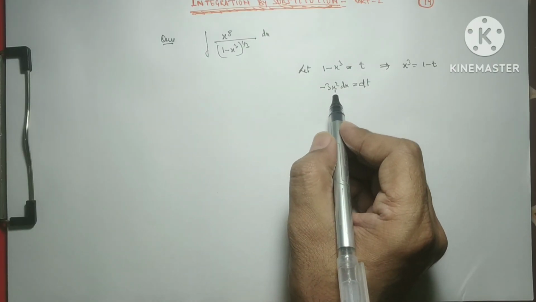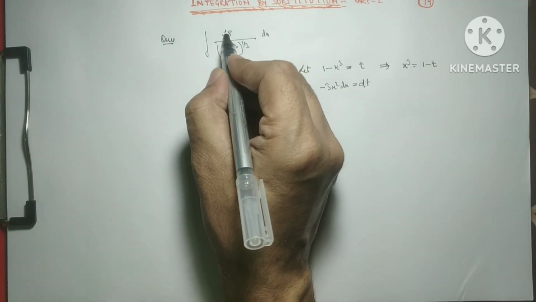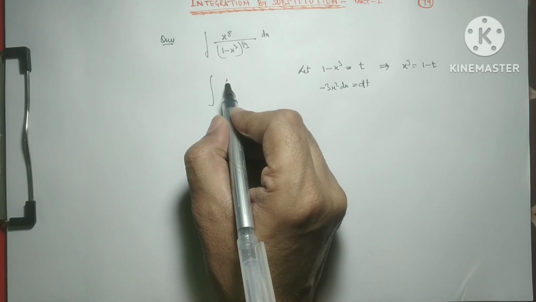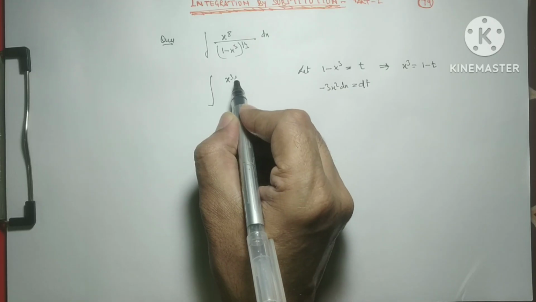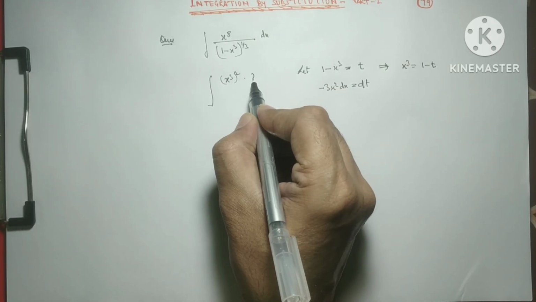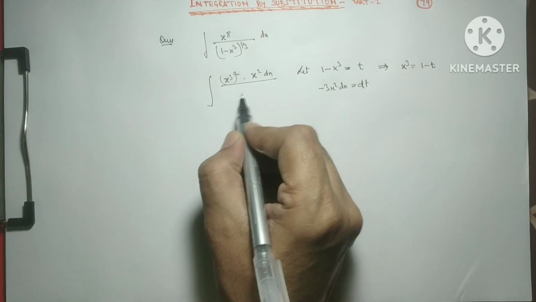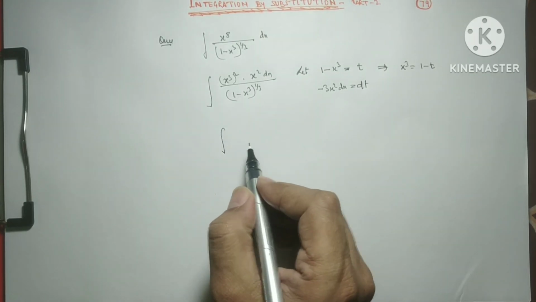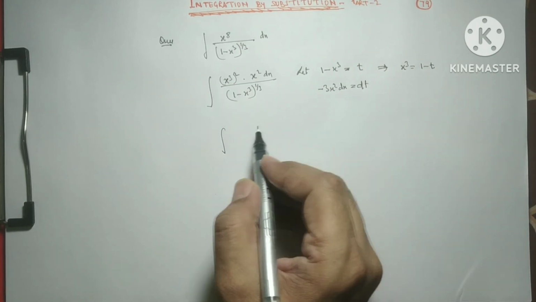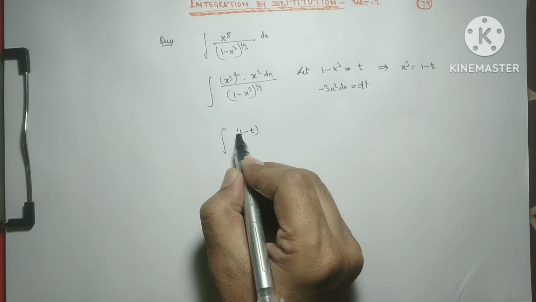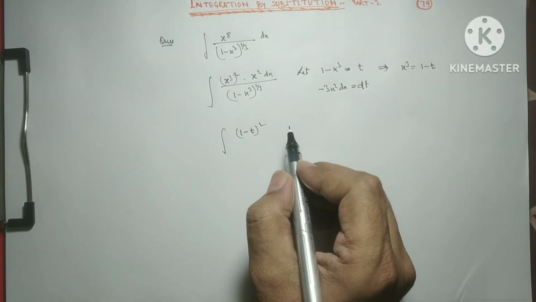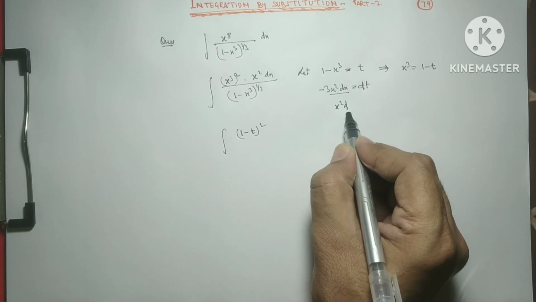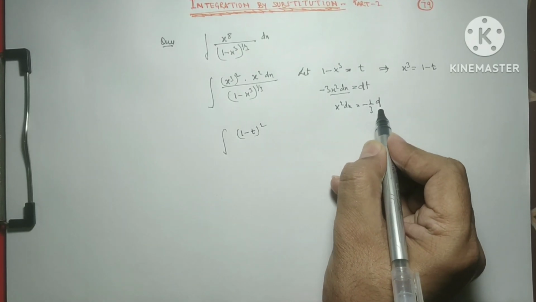Again we have x square and x cube, so we break x to the power 8 like (x cube) square into x square dx, over (1 minus x cube) to the power 1/3. So we substitute x cube as 1 minus t, so we place (1 minus t) whole square at this place, and x square dx is minus 1 over 3 dt.